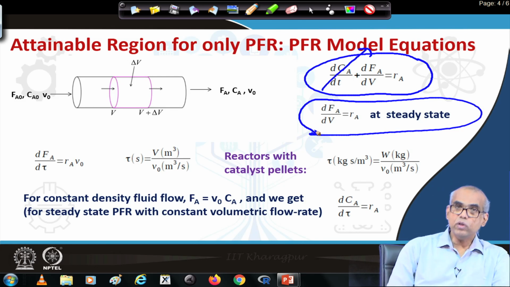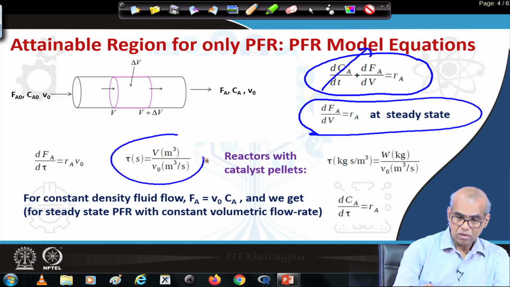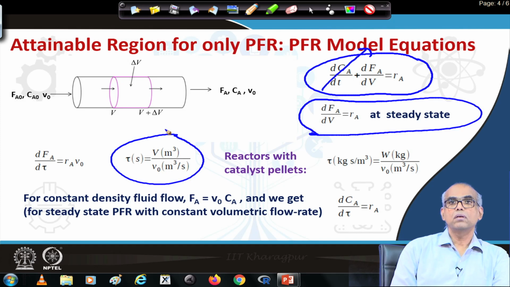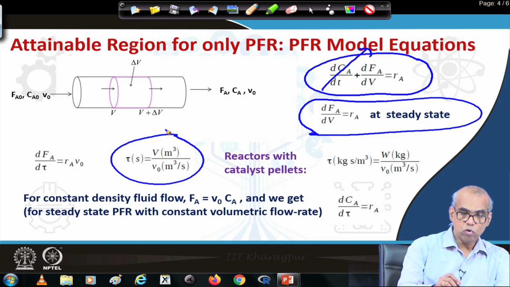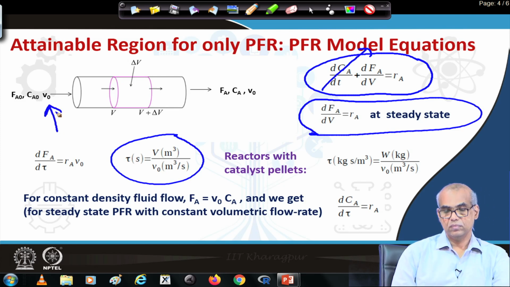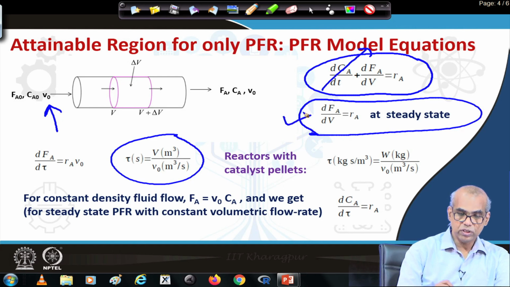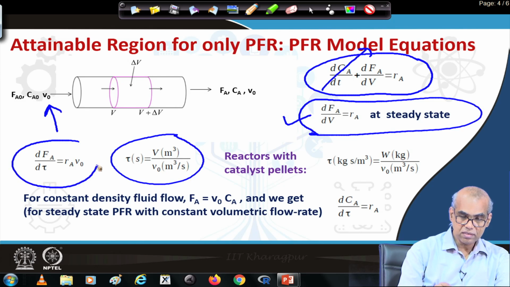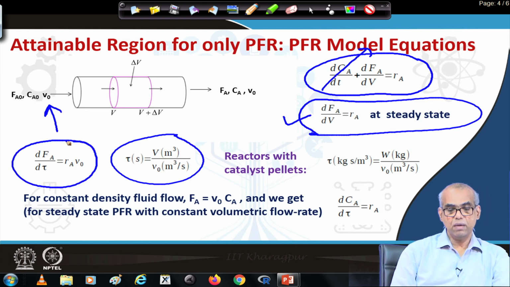Now, let us introduce the definition of space time, which is reactor volume divided by the volumetric flow rate. Introducing the definition of space time, this differential equation can now be written as dFA/dτ equal to RA into V0.